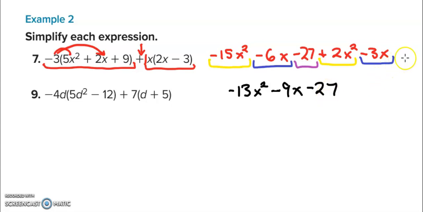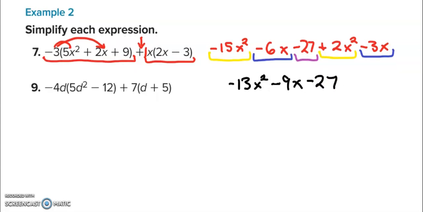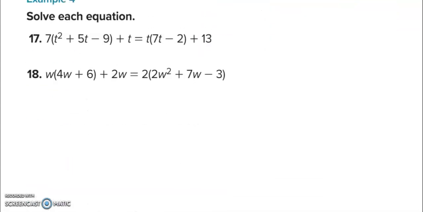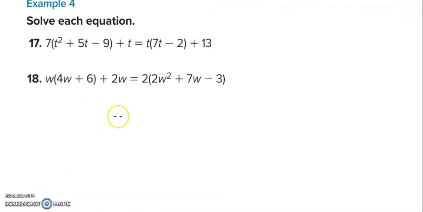So we're going to skip over 9 so I can get to the other stuff here. Okay, but that's the kind of problem that you'll do in that section. So the last kind of problem that you have to do is here where we're solving these in an equation. And for these, we can look at this as two separate things.